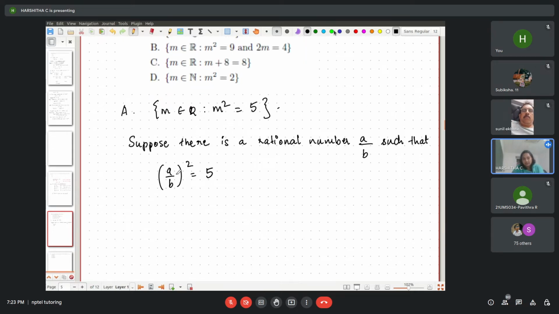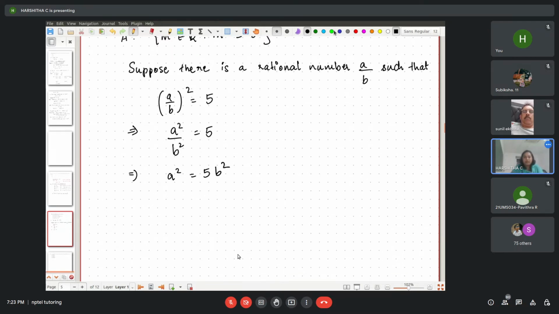So what does that give you? A by b whole square, I can write it as a square by b square equal to 5. Then I'll just take this b square on the other side. So what we get is a square is equal to 5 times b square. Okay.